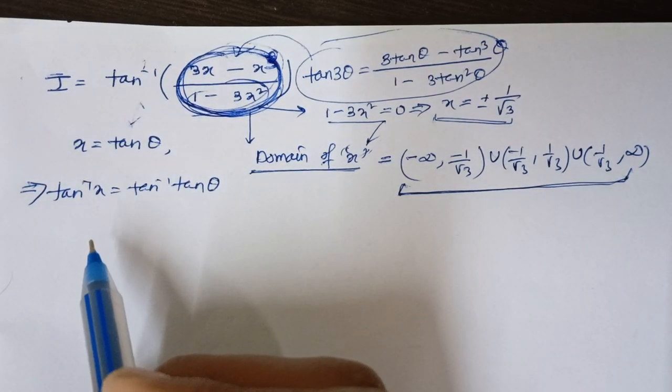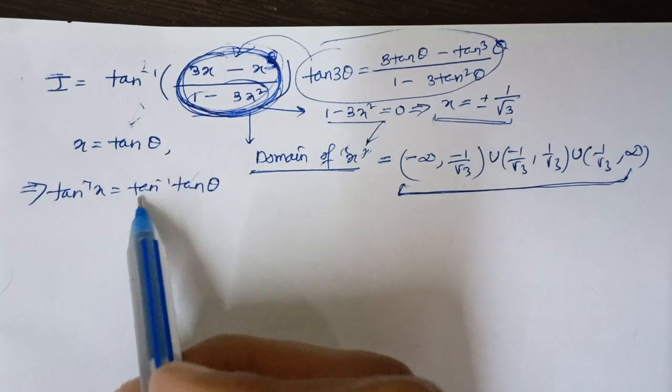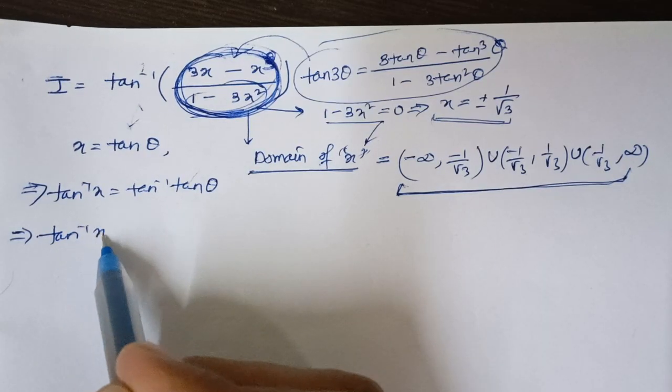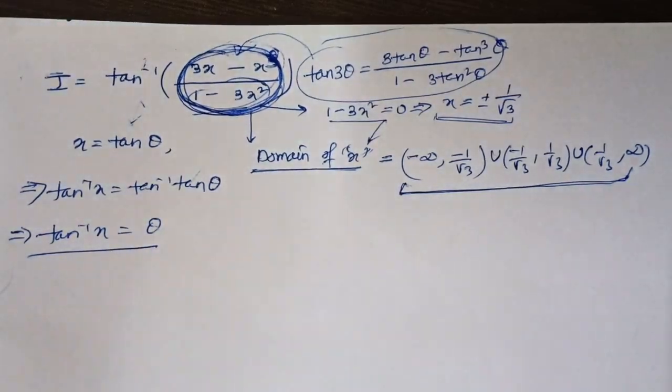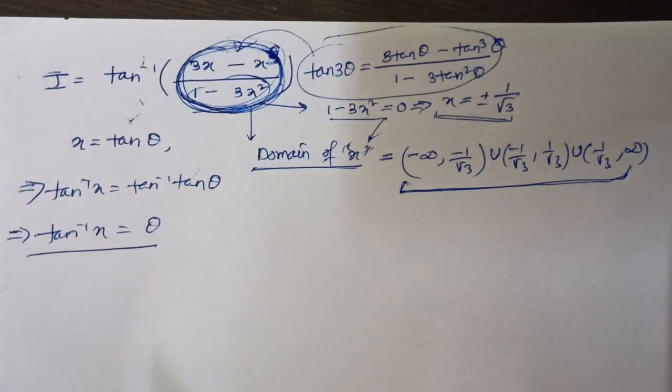I would also like the tan inverse and tan to cancel out. Now we have to understand that to do this, theta has to belong to the principal range of the respective inverse trigonometric function.